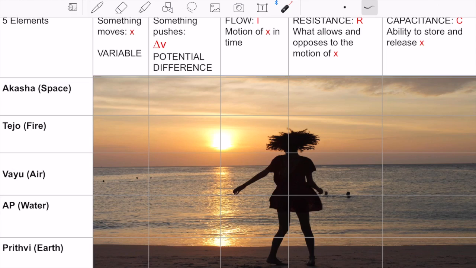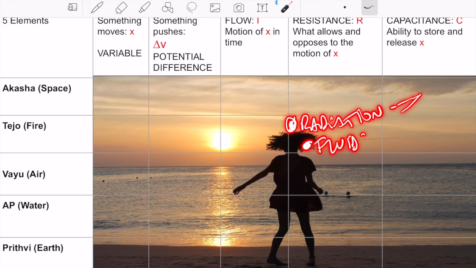The resistance to the flow of heat, we mentioned three at least. One is when it goes through space, right? When it goes through space, we call that radiation. Transfer of heat through empty space. If it reaches the fluids, that means the water or the air, we talk about convection.